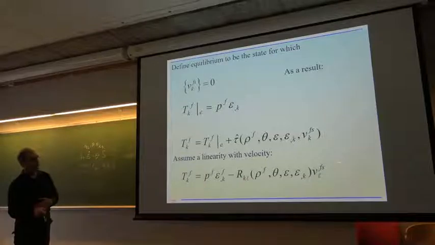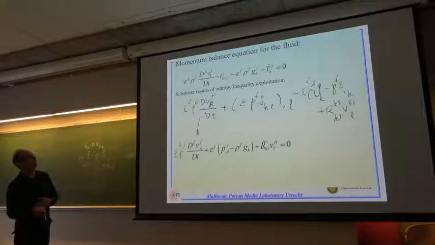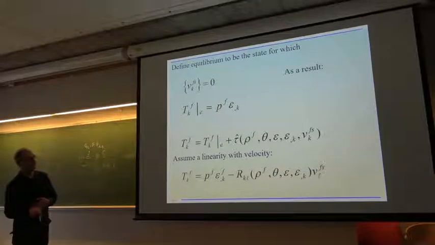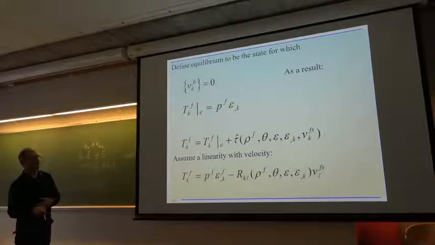Then we get this as the linear relationship, and we can put this back into the entropy inequality, and we'll find that this RKL must be positive semi-definite. This is the inverse of permeability, actually.